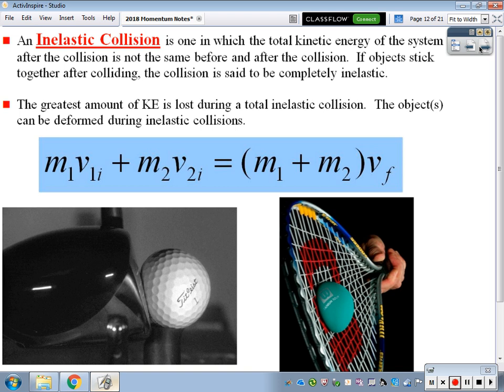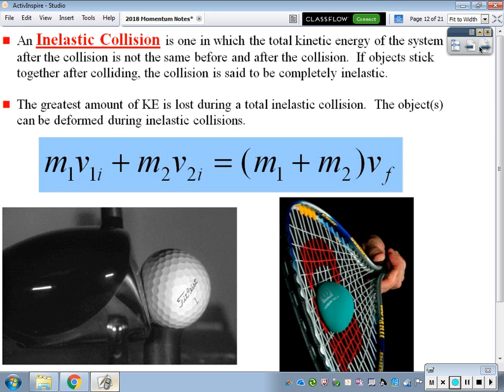What is it? There's just one V final because they travel together. Okay? So if you want to think of it this way, we've kind of undistributed the V final from both of those terms. Okay? Because it is the same quantity.